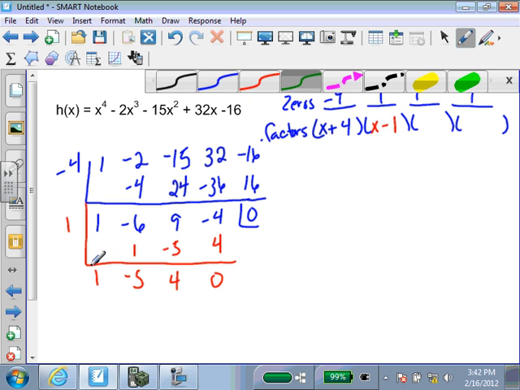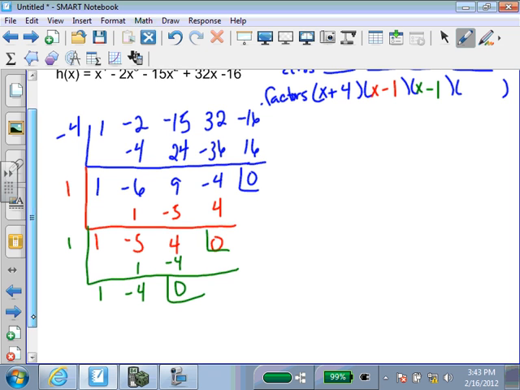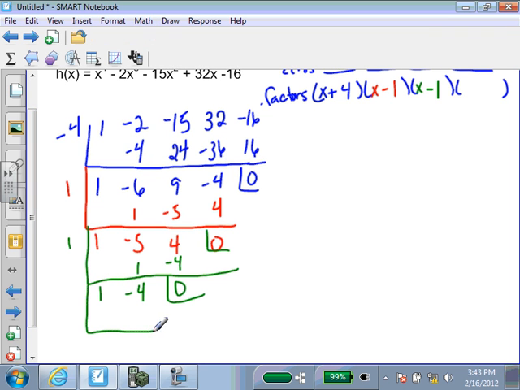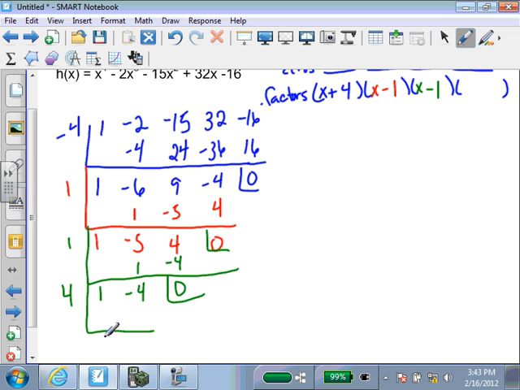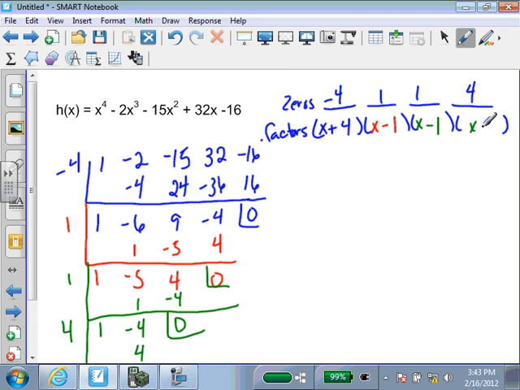I should layer in another 1: 1, 1, negative 4, negative 4, 0. So x minus 1. Layer in my positive 4: 1, 4, 0. Excellent. They all worked. X minus 4.